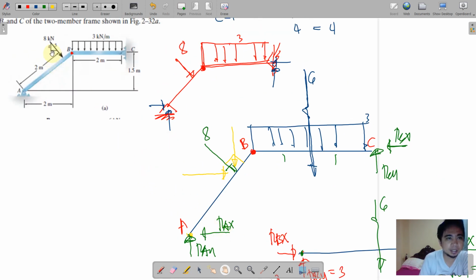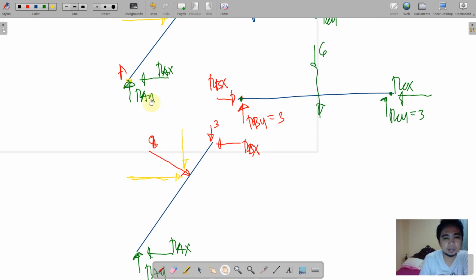Okay, 3 horizontal. 4 vertical and 5. Okay, let us utilize that one. We have 3 horizontal, 4 vertical. Of course, 3, 4, 5 triangle yan. Okay, so we can just ratio that.